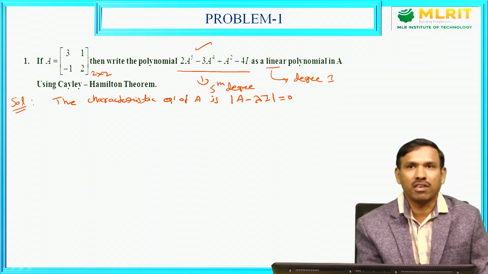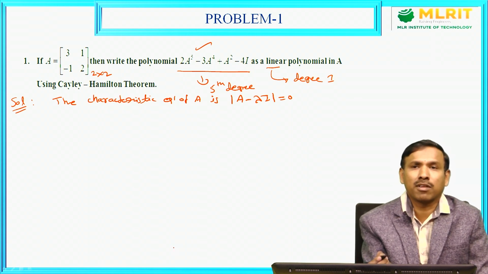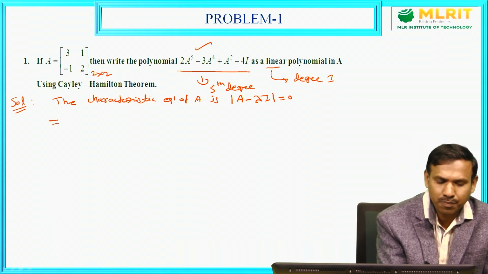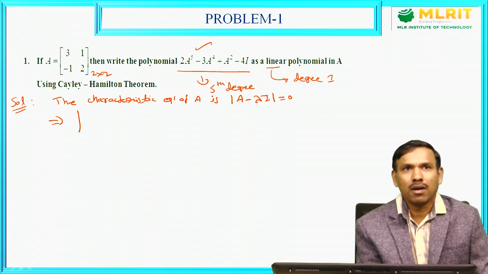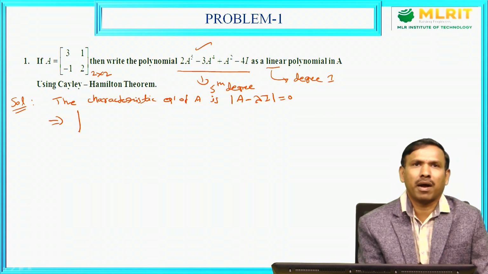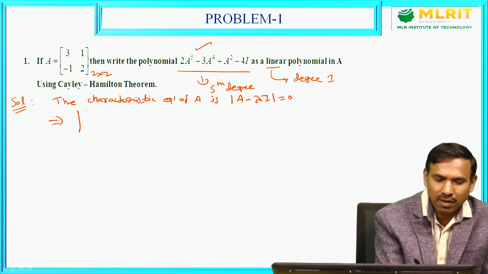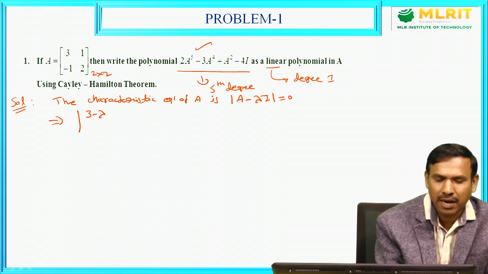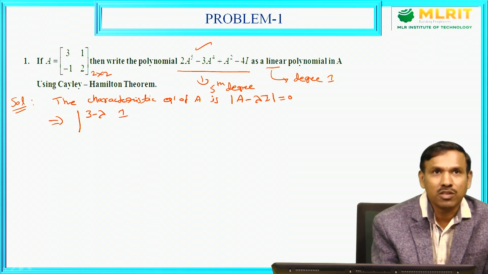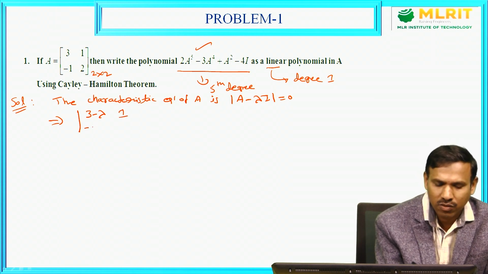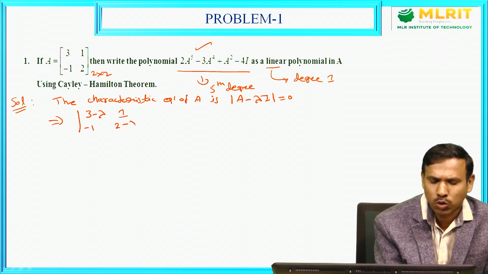We know this equation very well. Det of A minus lambda I means the determinant of the matrix where, from each diagonal element of the given matrix, we subtract lambda. The first diagonal element 3 becomes 3 minus lambda, the remaining elements stay as they are, 1 as it is and minus 1 as it is. The second diagonal element 2 becomes 2 minus lambda.